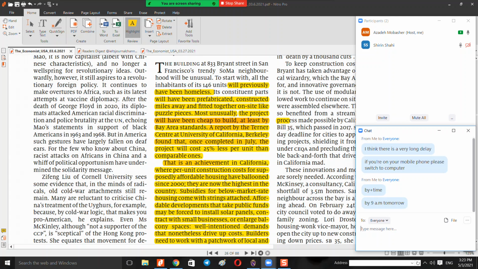Or they have been built by just one person, one contractor. Not just one person, but one company.